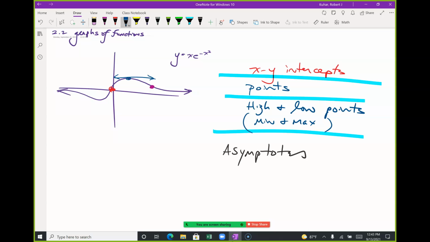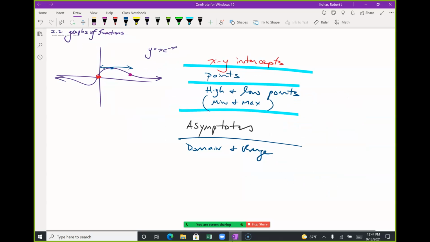Domain and range, you should be able to kind of see. It's not so easy to get the range from a graph. It's easy to get the domain from a graph. And we'll learn how to get the range. I'm not sure if there's much else we can get from the graph.